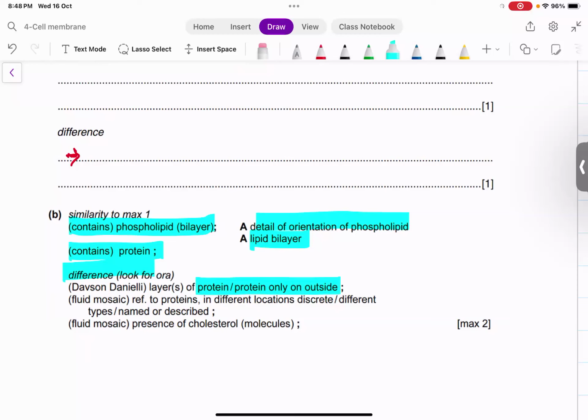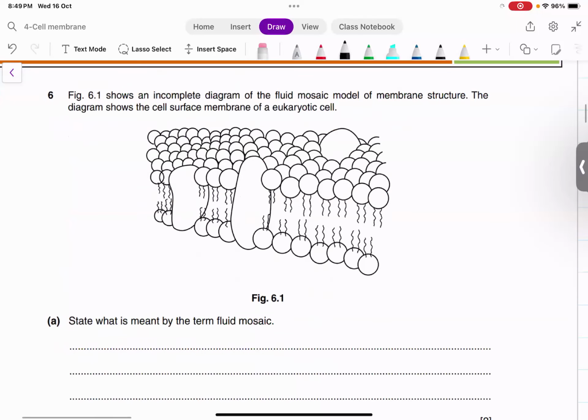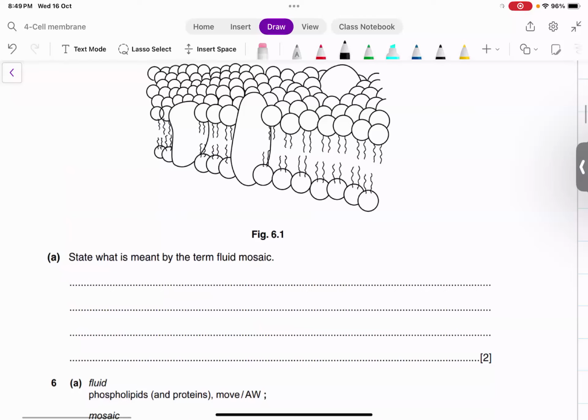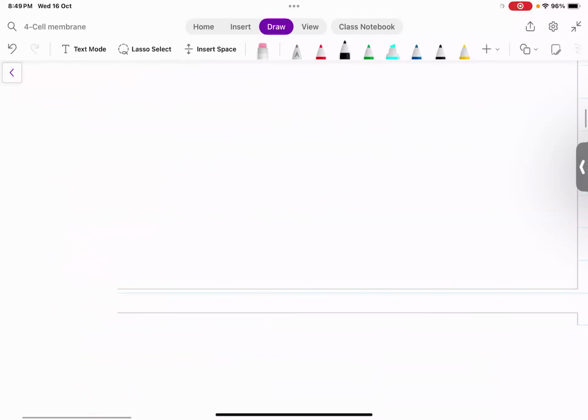And in the fluid mosaic model, the proteins are in different locations, of different types, and there is the presence of cholesterol. So this is another point. And this cholesterol has not been shown in this drawing. That's also a part of the fluid mosaic model.